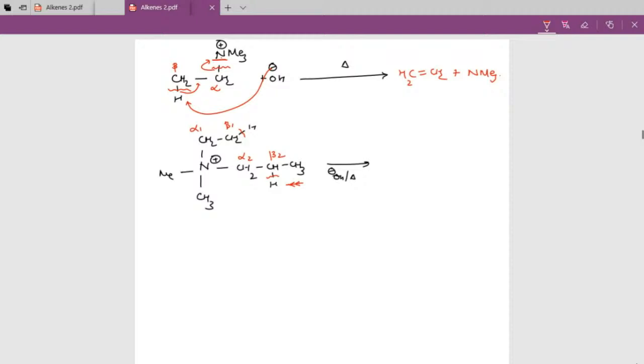Is that okay? So once I identify this, I will prefer this removal because it goes Hoffman, it will have a carbanionic character, and the carbanionic character here will be more stable. So this plus Me and MeCH2CH2CH3.